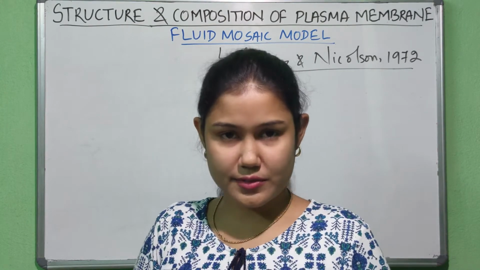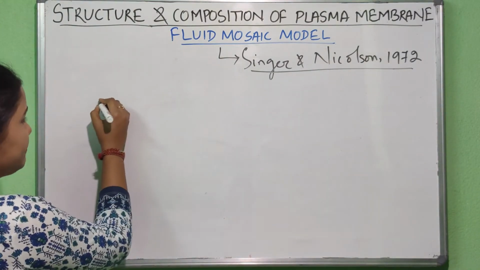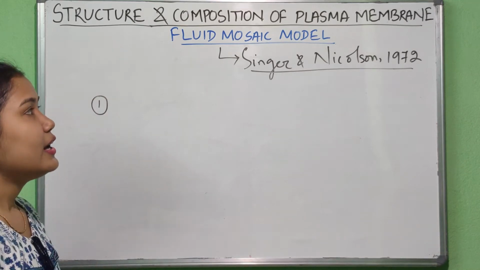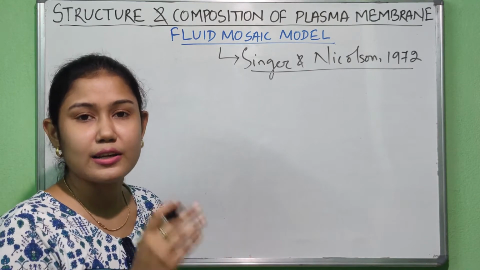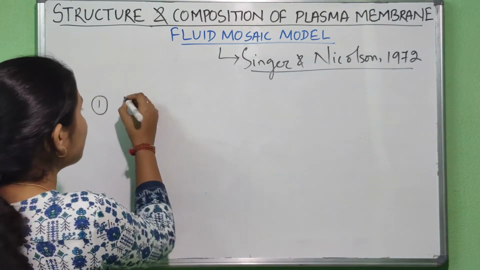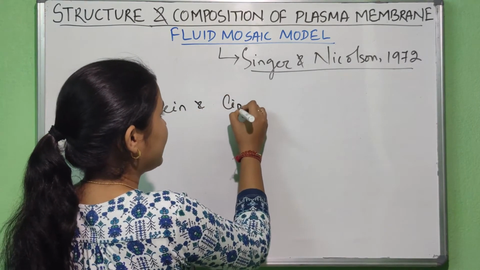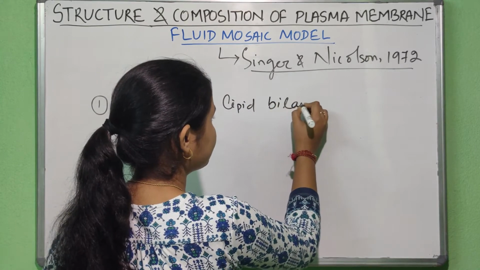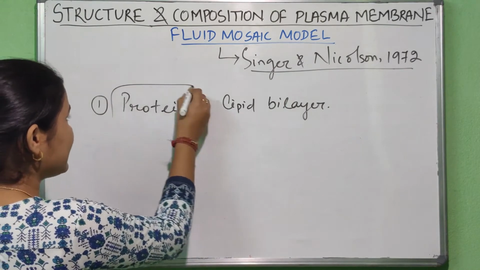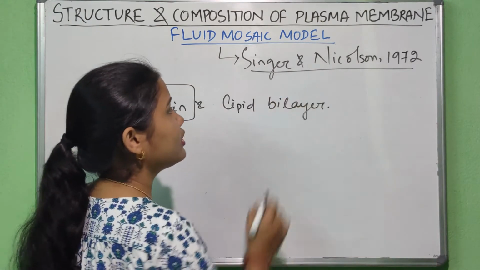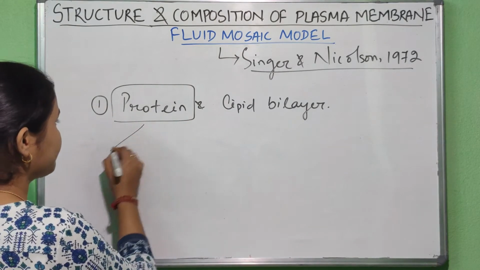as well as Danielli-Davson. What we have discussed is that the plasma membrane is a phospholipid bilayer with protein. So there is protein and there is a lipid bilayer, right? Considering the protein, Singer and Nicolson interpreted that proteins are of two types.